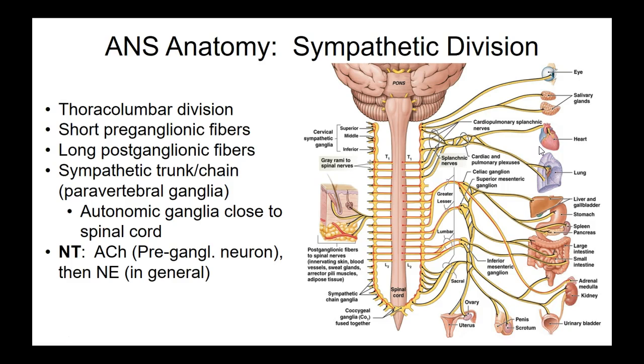So we call these paravertebral ganglia as one of the ways we talk about them, right? Also, because they're close to each other, they look like a chain or a trunk. So a sympathetic chain or a trunk. So if you harvest a ganglia that's close to an effector, is that more likely to be a sympathetic or a parasympathetic ganglia?